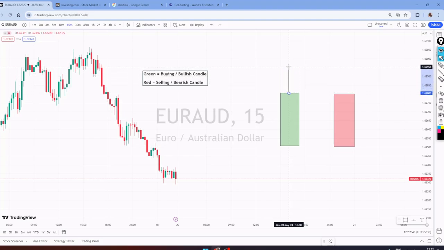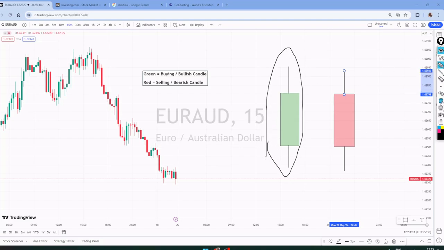If you see here, there is a kind of stick at the top and bottom. The candlestick is both this rectangle portion and this stick portion, collectively.